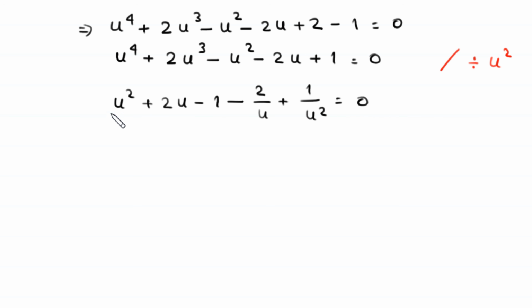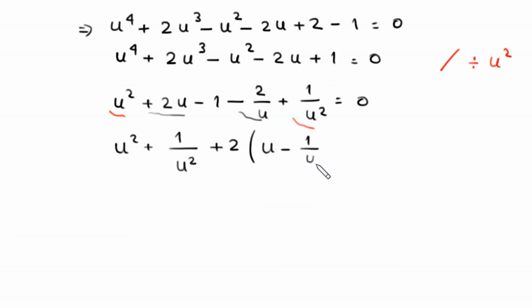Combine like terms: u squared and 1 over u squared become u squared plus 1 over u squared. From 2u and negative 2 over u, we can factor out plus 2, and in brackets we have u minus 1 over u, and at the end we write negative 1 equals 0.